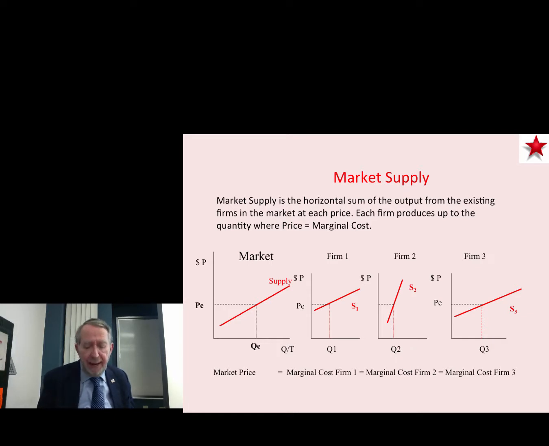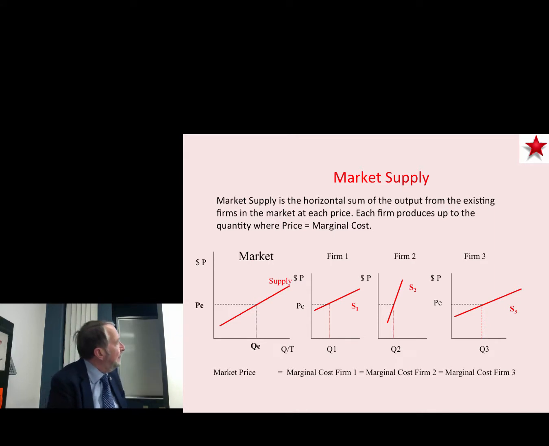So market supply is the sum of the supply curves of the existing firms in the marketplace, the firms that are currently in the marketplace. And what I've put up is, the market is here, and I've put up potential marginal cost curves for 3 different firms, potential willingness to produce at alternative prices.